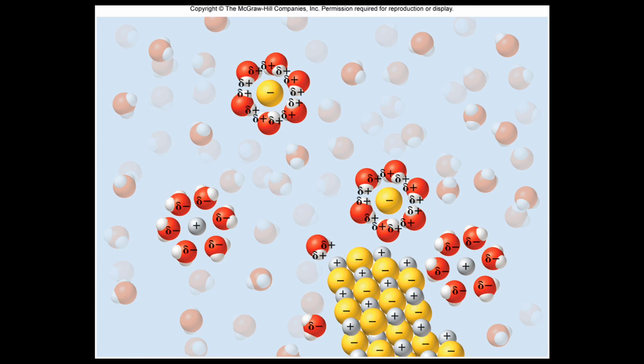The water will orient itself to carry out the solvation process, and then it carries that ion off into the rest of the solution. That is how we get solutions. That is what dissolving looks like. Eventually, the crystal completely dissolves, and it is a fully homogeneous, clean, uniform solution.